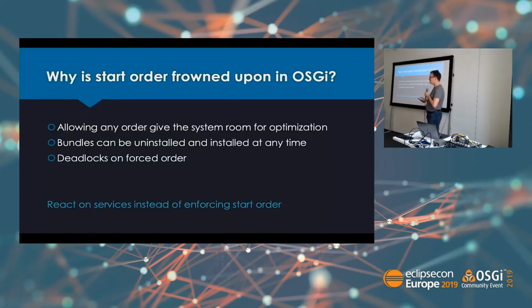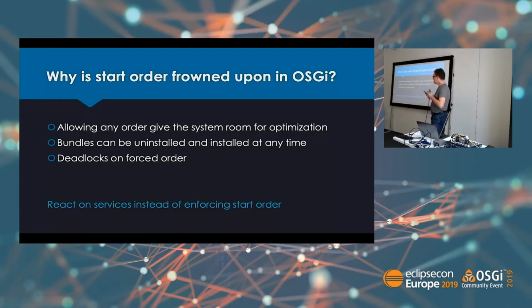So the question is, why do the OSGi experts normally tell you that start orders are a bad thing? The one thing about it is, when you have a start order, maybe even each bundle its own start level, it means your system can only start exactly in that way.